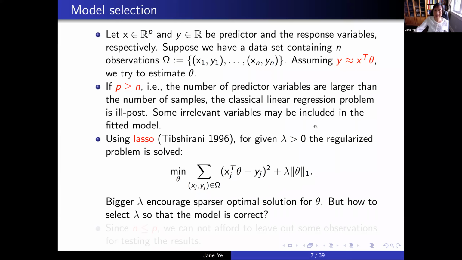But we select this data from sampling, right? So there is a true model here. How sparse is this true optimal solution? It's already there. Okay, so you want to know how to choose this lambda so that the model is correct.